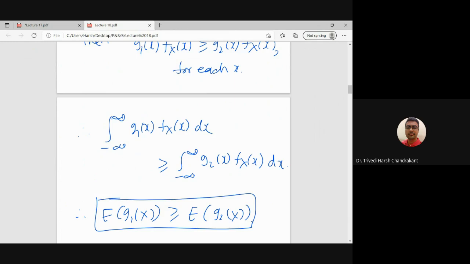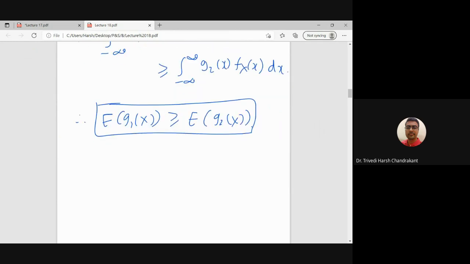Variance is a non-negative number. What is the variance definition? We define it as the integral of x minus mu squared times the density, and we know that x minus mu squared is always non-negative. That we are going to use as a proof. So, a remark.